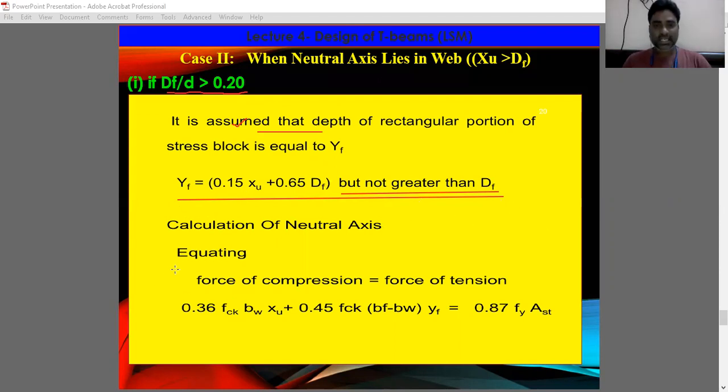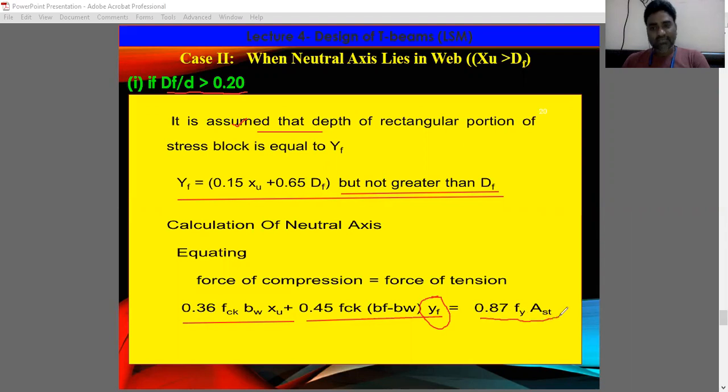And calculate the actual neutral axis by equating the compressive force to the tension force, that is 0.36 fck bw xu plus 0.45 fck (bf minus bw) yf. This is the modified flange, right?